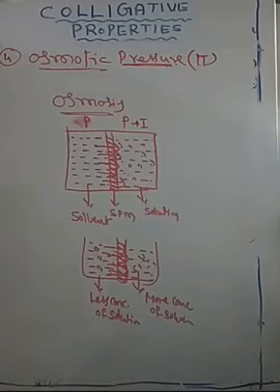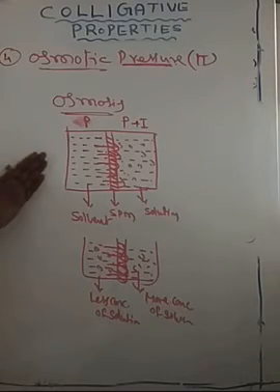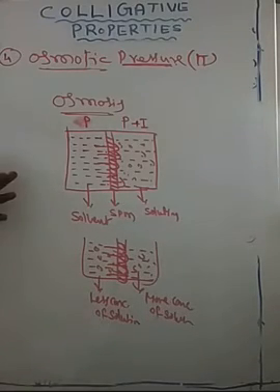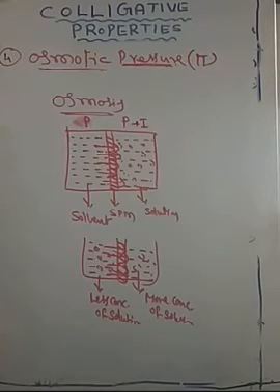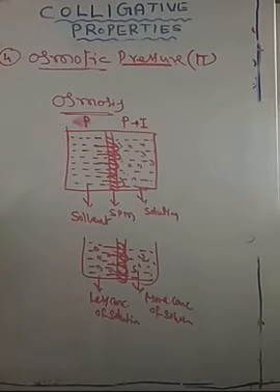That means the pressure required to resist the flow of solvent molecules into the solution is called the osmotic pressure, that is, the pressure to stop the osmosis process. In osmosis, what happens? Solvent molecules flow into the solution.